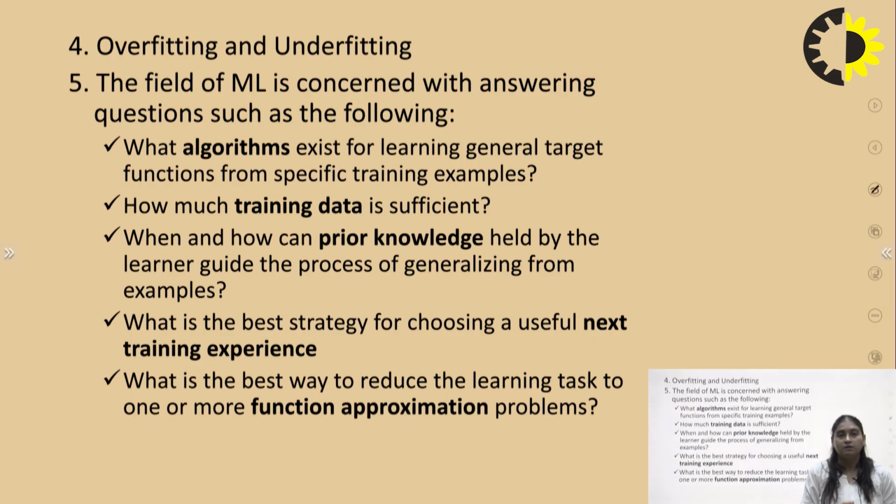And when you are getting accurate results for the known data and inaccurate results for the unknown data, that is the overfitting situation. Your model fits very accurately for the known data in overfitting.